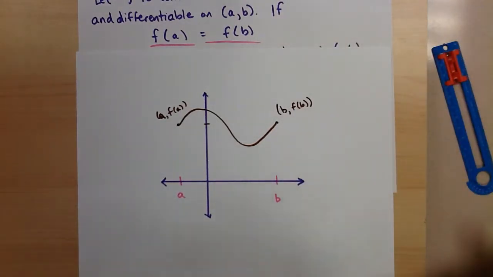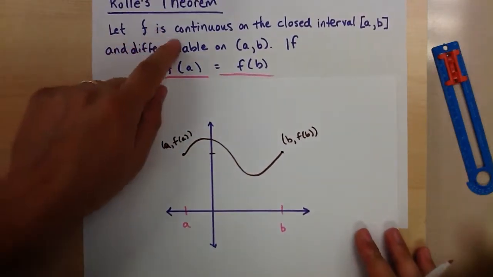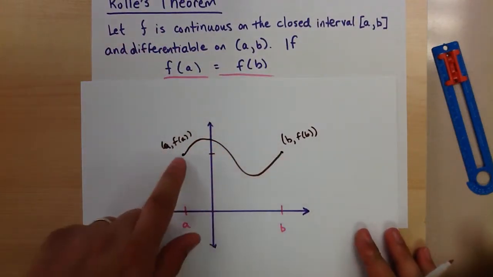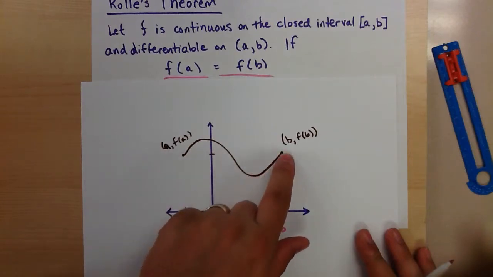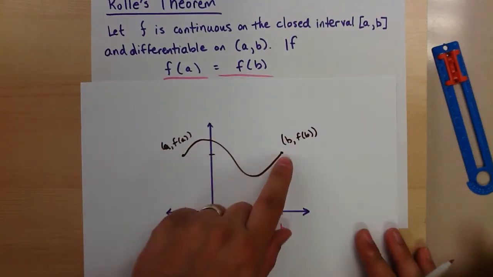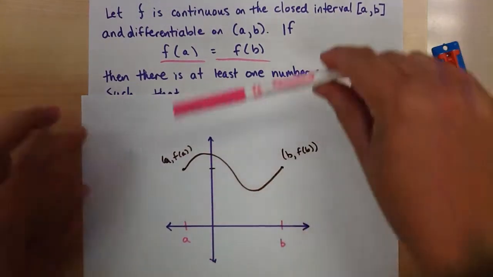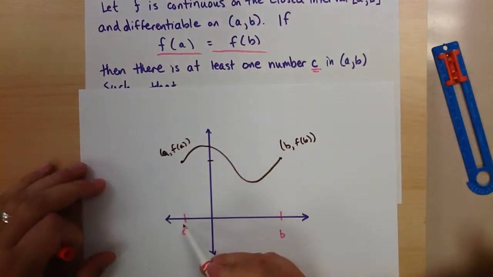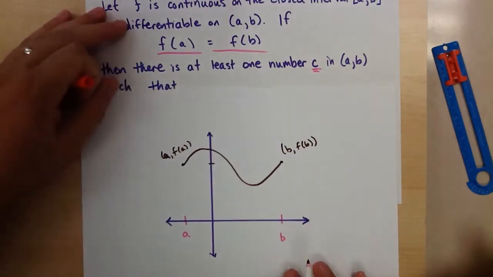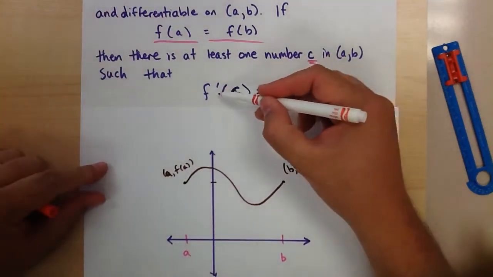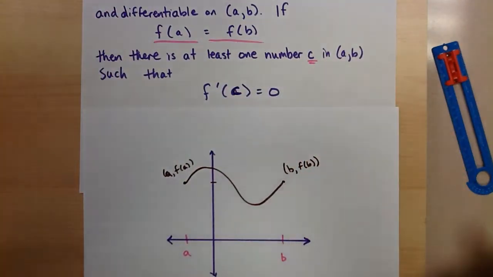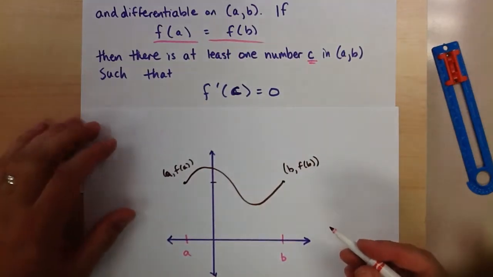So f is continuous. f is differentiable. The y values are the same. So that means there's some value in between a and b where the slope, or the derivative, at c is 0. So think about that.